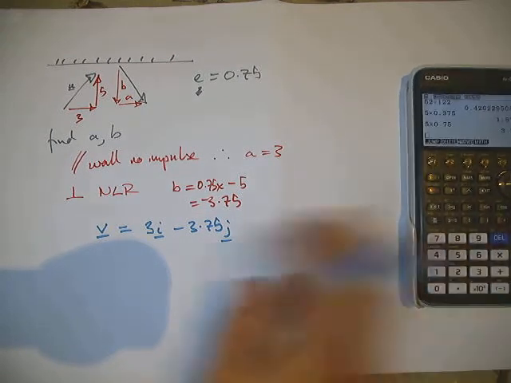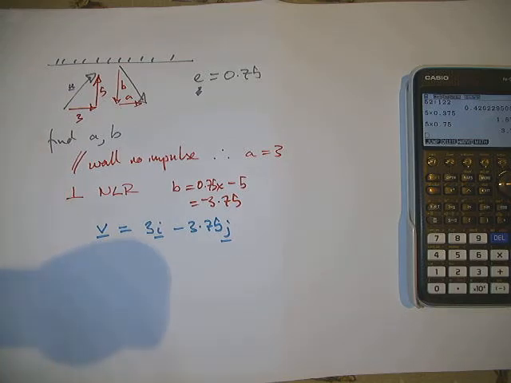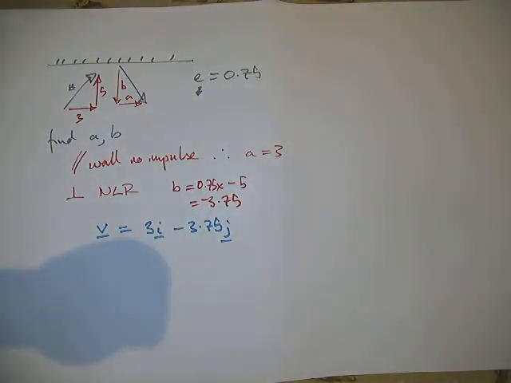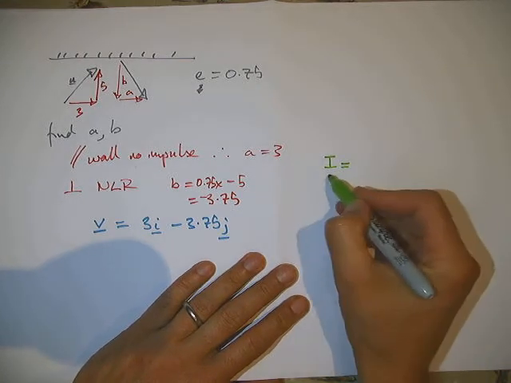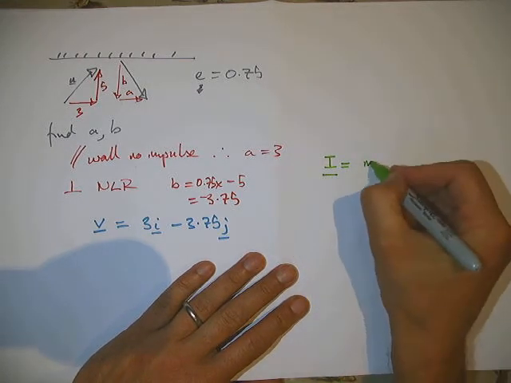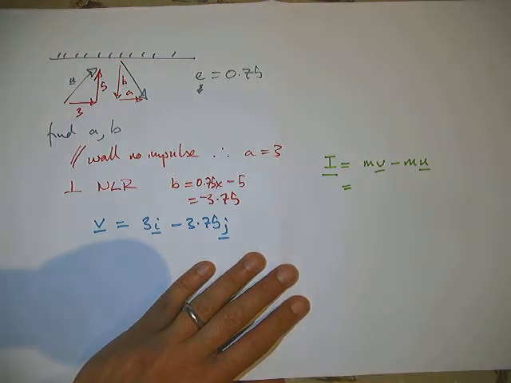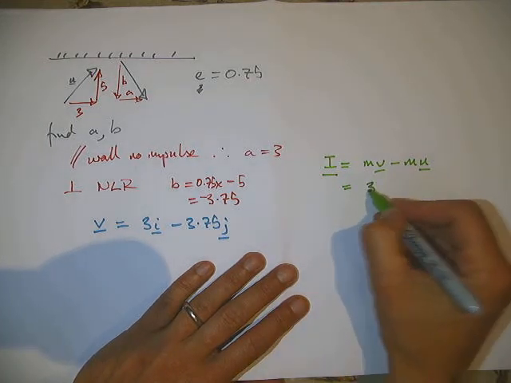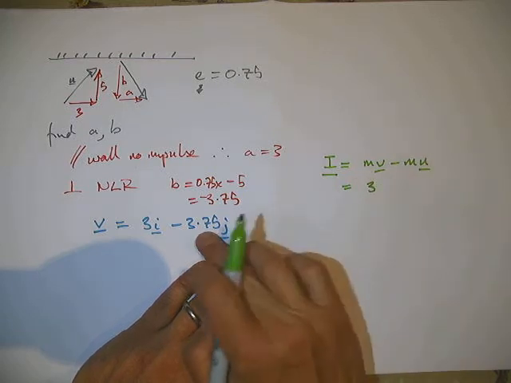Other questions they could ask, because we've covered these other ideas. If they wanted to know the impulse, it is a vector, mv take mu, which in this case would be a mass of 3. I just keep reading the question to see if they didn't mean 0.5, but they've just got it wrong there.